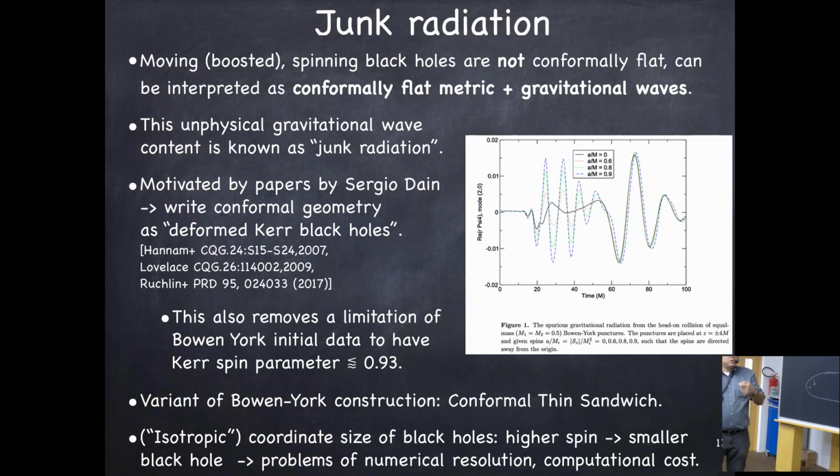This is some gravitational wave output from 2 black holes colliding. You see, this is with different spins, 0 spin is black, and then the spin goes higher. The larger the spin, the more of this extra gravitational wave content you have in the beginning, which is not physics. You want to get rid of that.